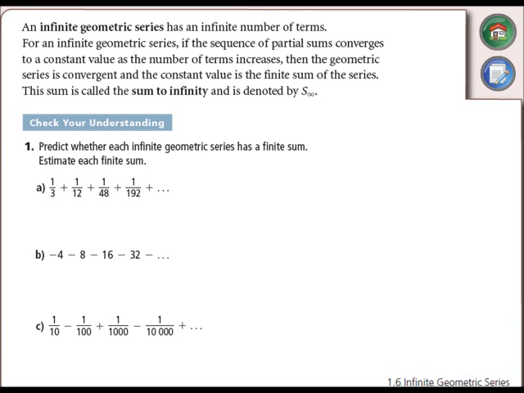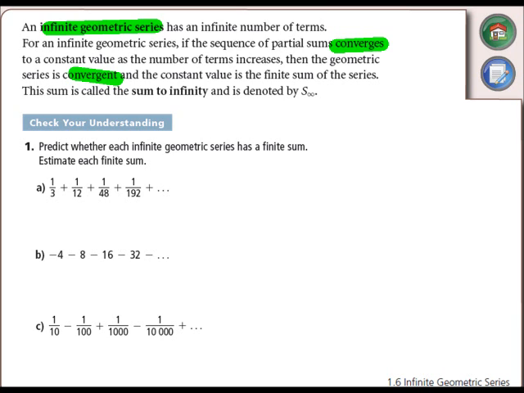For an infinite geometric series, if the sequence of partial sums converges, ooh, that's a key there. Let's highlight that. To a constant value as the number of terms increases, then the geometric series is convergent, and the constant value is a finite sum of the series.